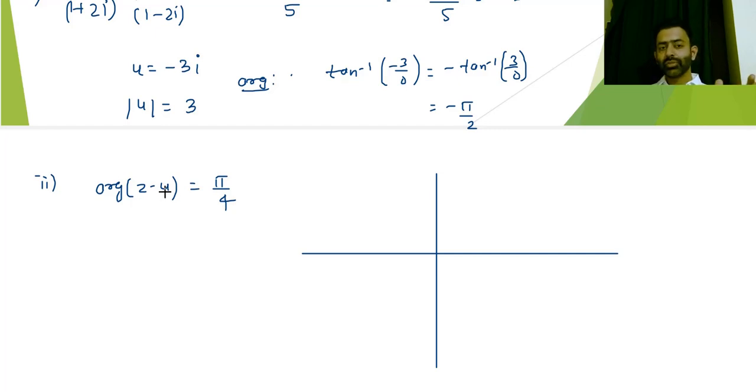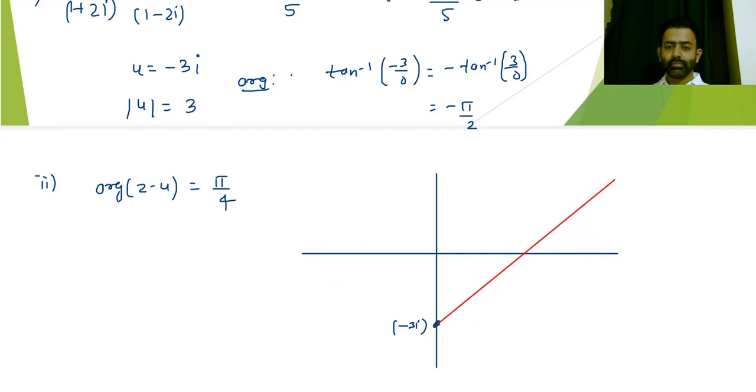So starting point is u and we have a complex number z, and it follows a path such that its argument is always pi by 4. So where is u? u is minus 3i, so it is in the negative y direction, meaning on the negative imaginary axis. This is your minus 3i. Right? Okay, so using this starting point, its argument should always be pi by 4.